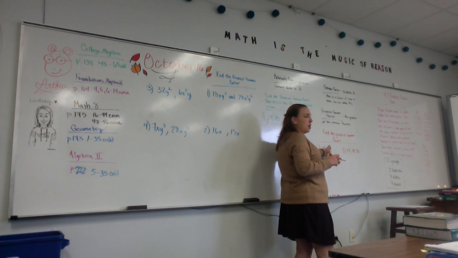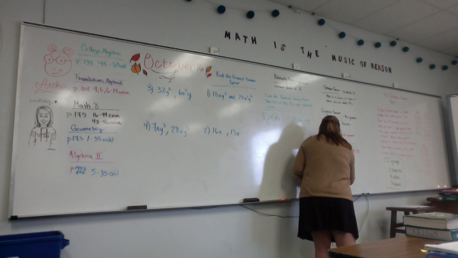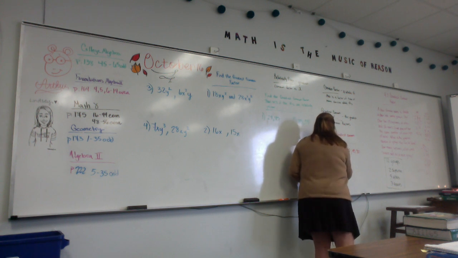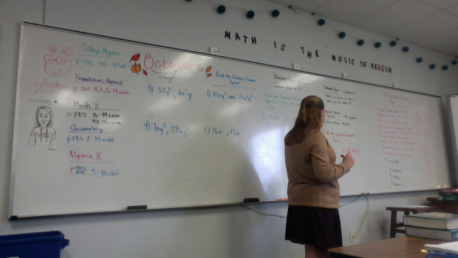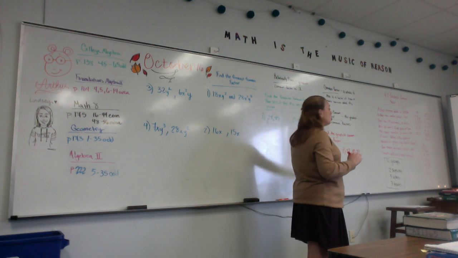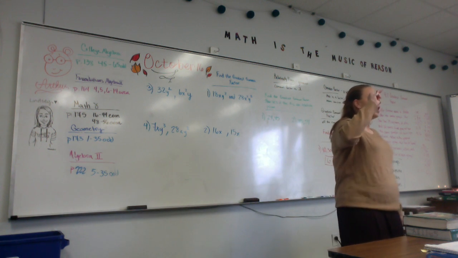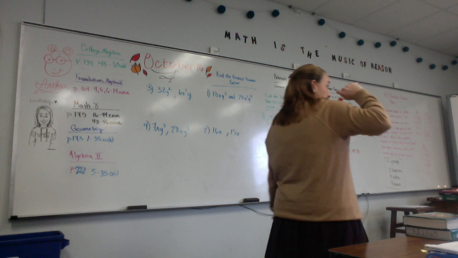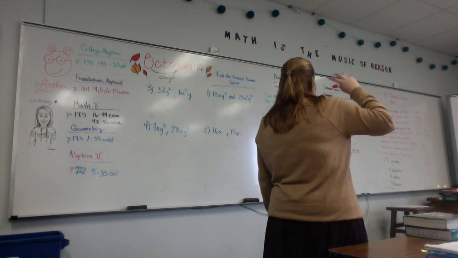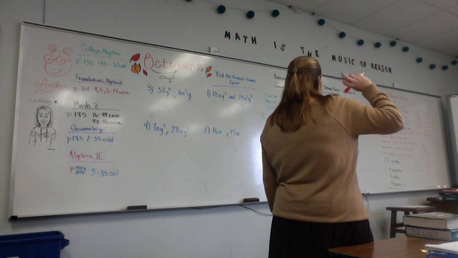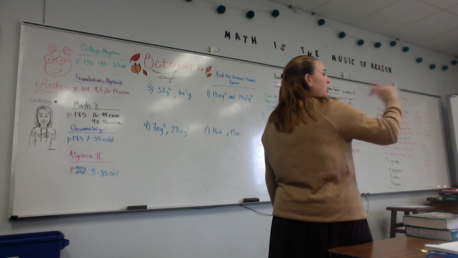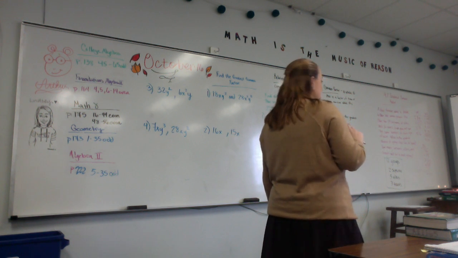Yes. So the greatest common factor is 6. Because I know 12 can be broken down into 1 and 12, 2 and 6, 3 and 4. I know 30 can be broken down into 1 and 30, 2 and 15, 3 and 10, 5 and 6.